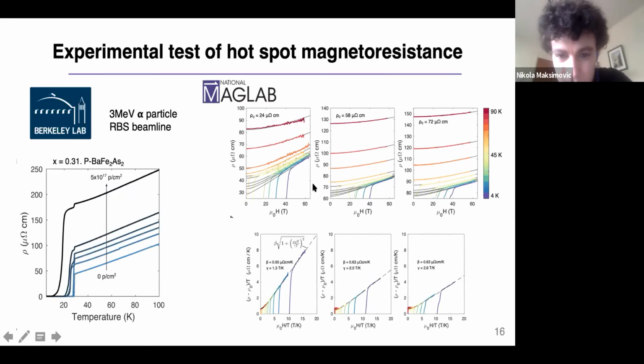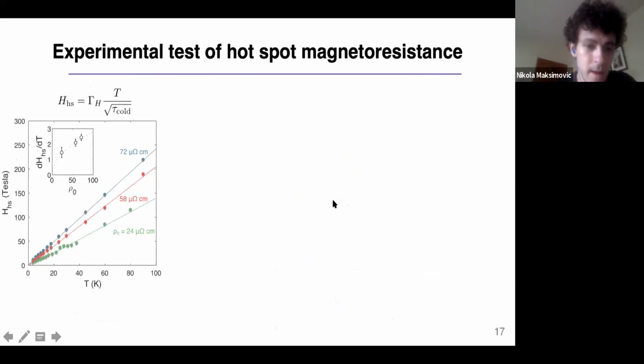So where was I? Let's see. Yeah. So we've done these calculations. Alex Koshelev did these calculations for temperature dependent and disorder dependence of the magnetoresistance, and in particular, the predictions of the model are a T-linear variation of these magnetoresistance parameters.